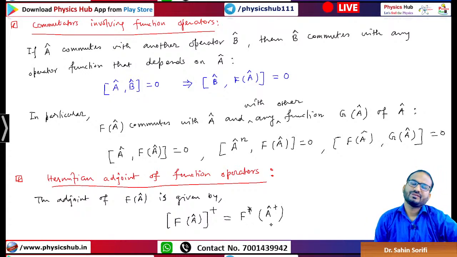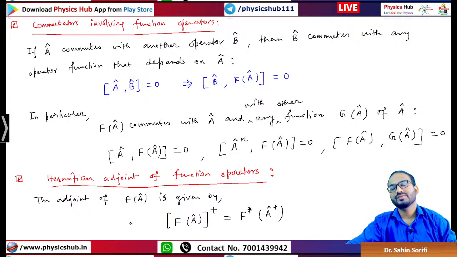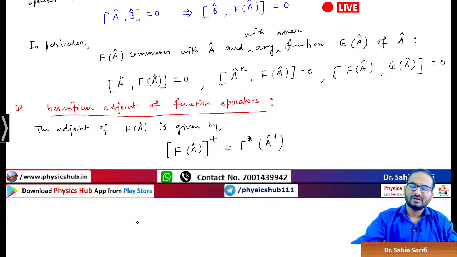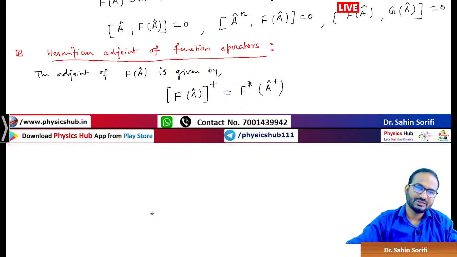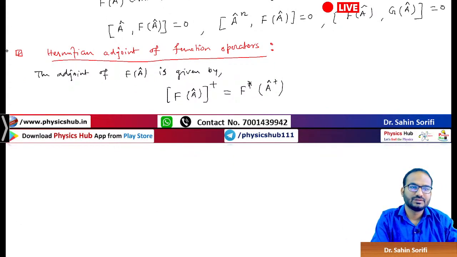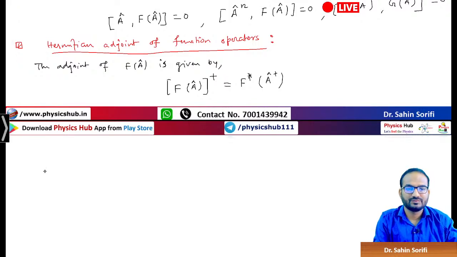Now you see, if A is a Hermitian operator, will f of A be a Hermitian operator? It is not always true. Even if A is a Hermitian operator, f of A may not be Hermitian. You can write this as a note. These things you need to revise quite frequently, otherwise you may forget.